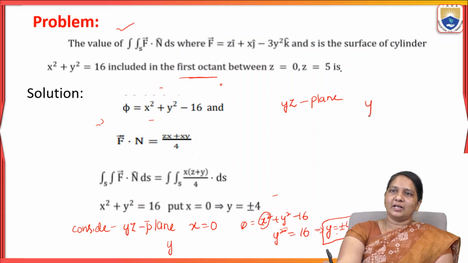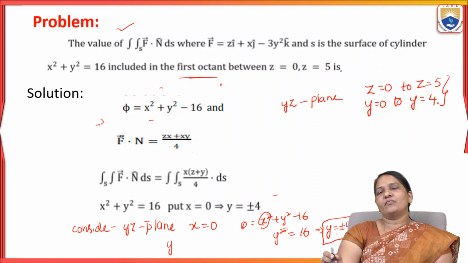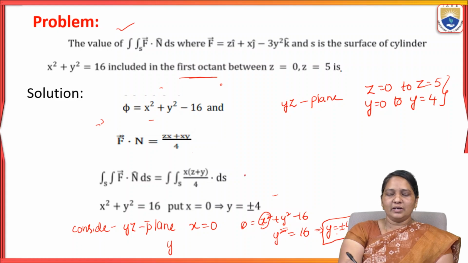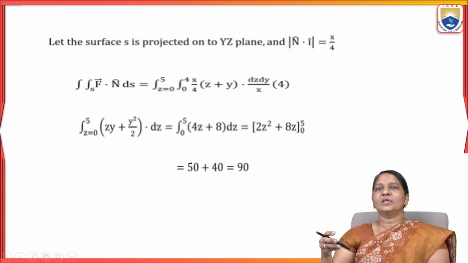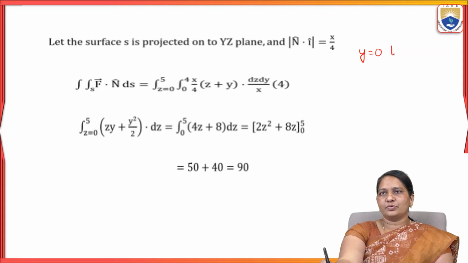So I can take the limits from 0: y equal to 0 to y equal to 4, and already they gave z equal to 0 to z equal to 5. So I know the limits of y and z now, and I can integrate this value.